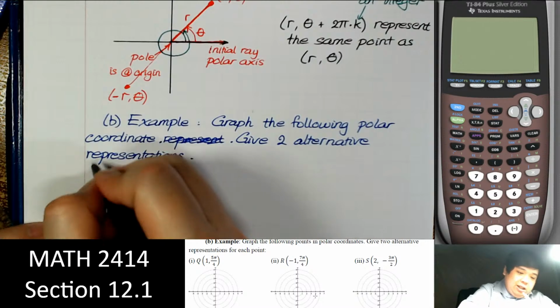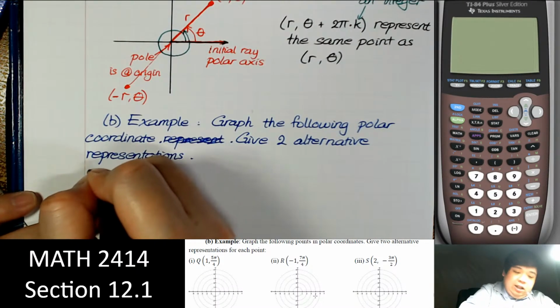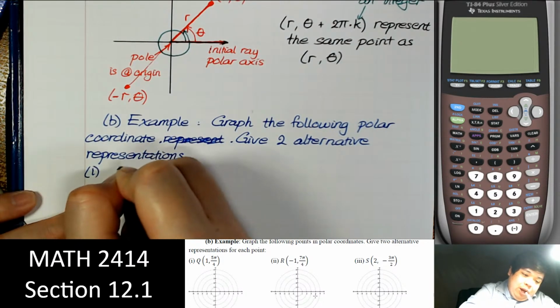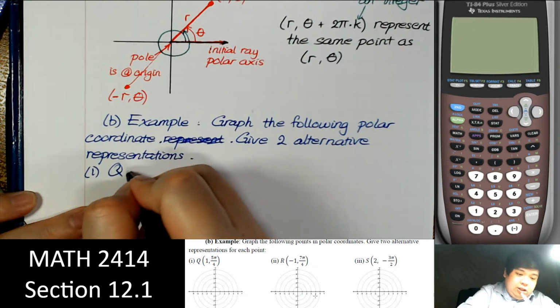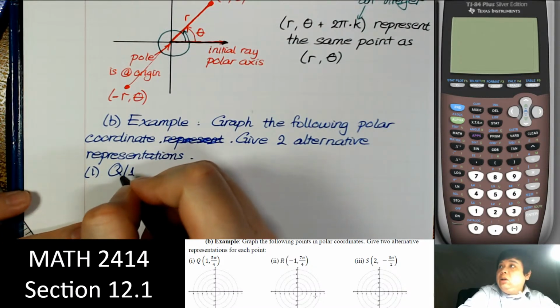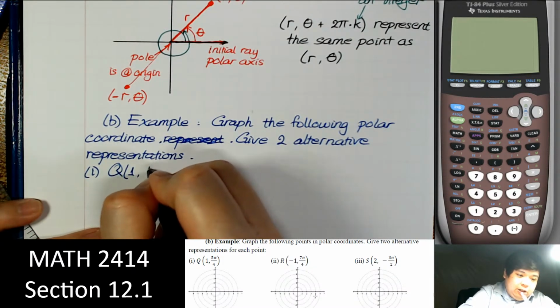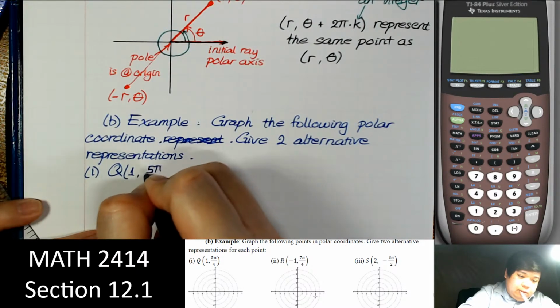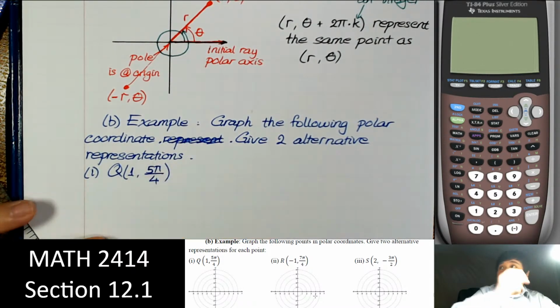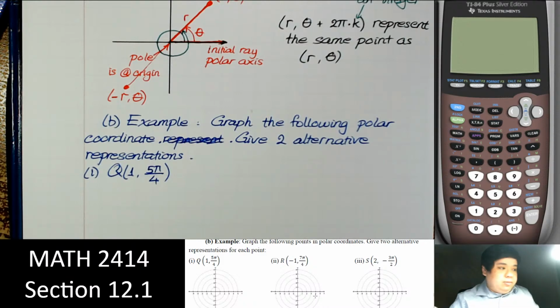So first we have the point Q, 1, 5 pi over 4. Right.